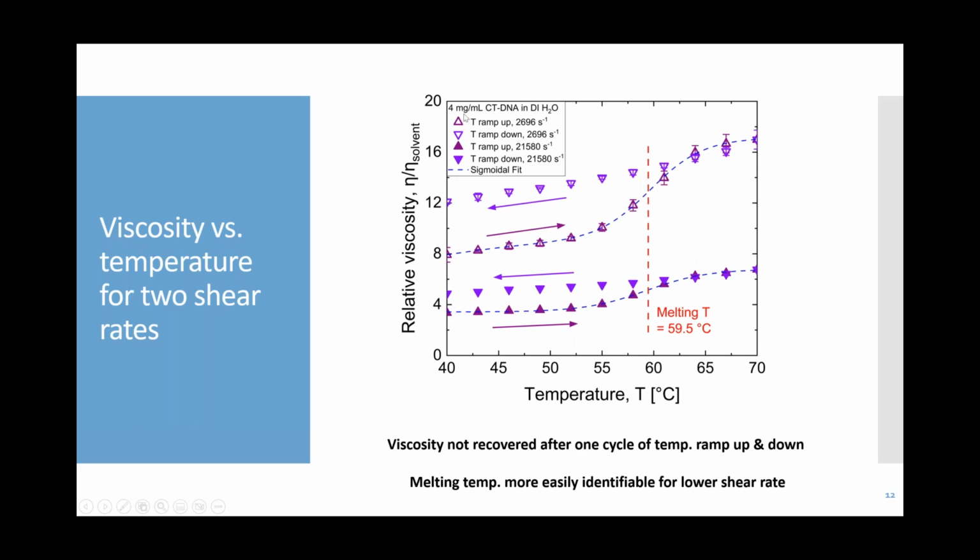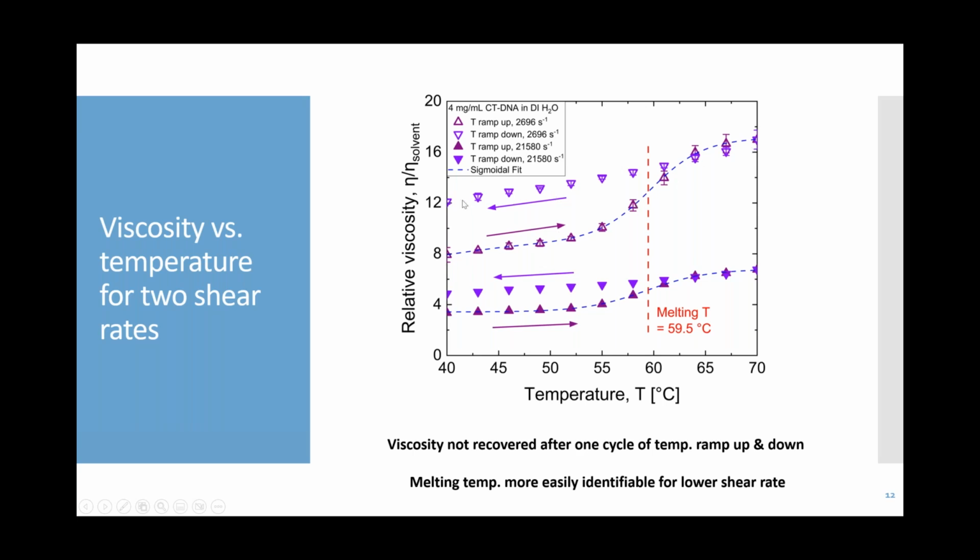This relative viscosity is basically the viscosity divided by the viscosity of the solvent, which is DI water in this case. How we obtain this viscosity is that we cycle the temperature. We first increase the temperature and then we decrease it. You can see that by the arrows shown here. So basically we ramped the temperature up and then we ramped it down.